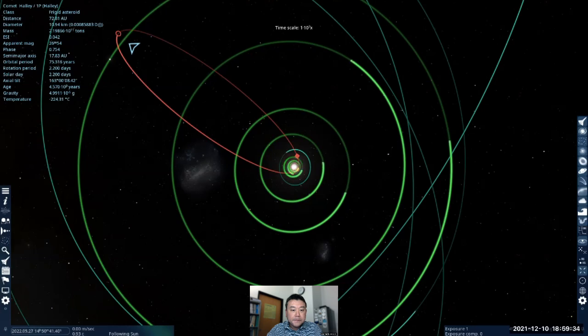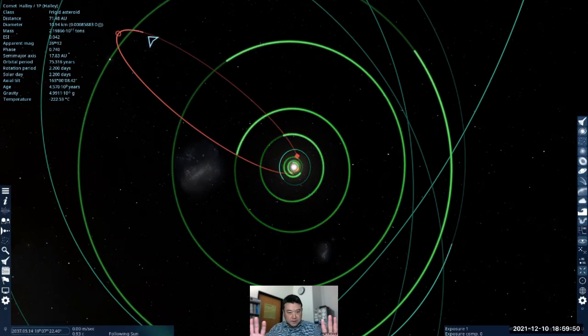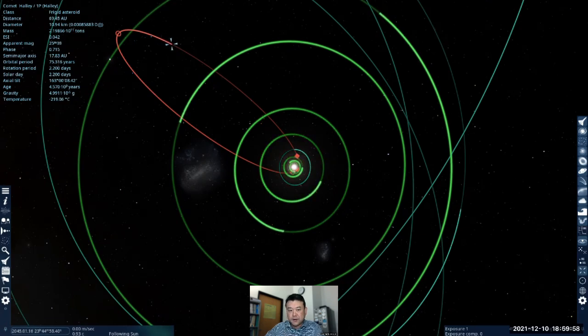Okay, maybe that's enough. So I can see a little dot that's moving there, and it's moving slowly. The simulation is fast enough that every second right now is about a year. And I'm just going to leave the simulation speed alone so that you can make a proper comparison, and see how quickly or slowly Halley's Comet is moving.